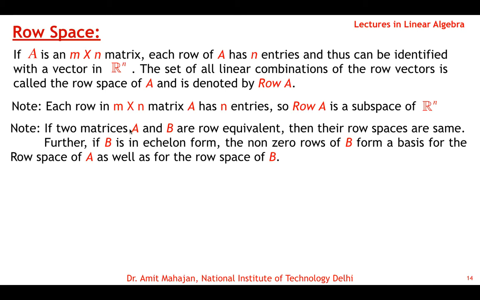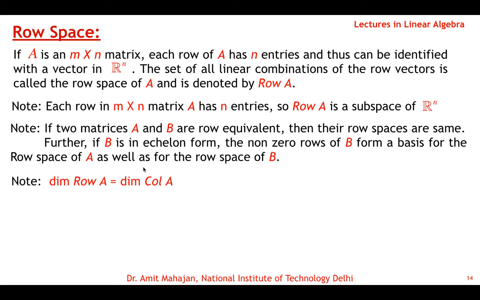Further, if B is in equivalent form, the non-zero rows of B form a basis for the row space of A as well as for the row space of B. So if you are given any matrix and you have to find the basis for its row space, you need to reduce it to equivalent form, and then the non-zero rows of the equivalent form will form the basis for the row space A.